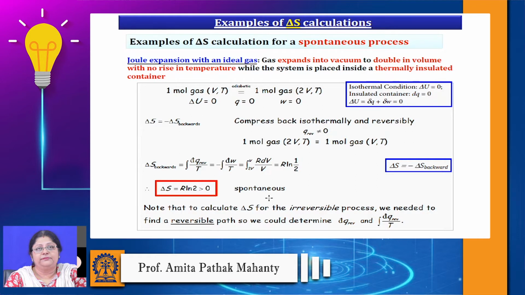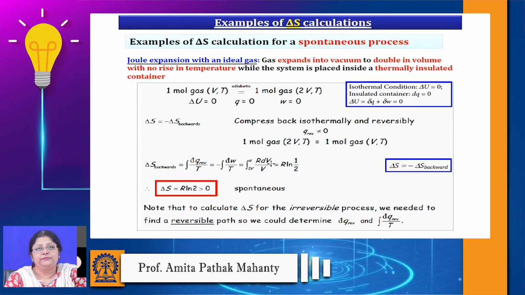If you put it, what do you get? It will be R ln V by 2V, right? So if I have R ln V by V2, then I can rewrite it as R ln 1 by 2.